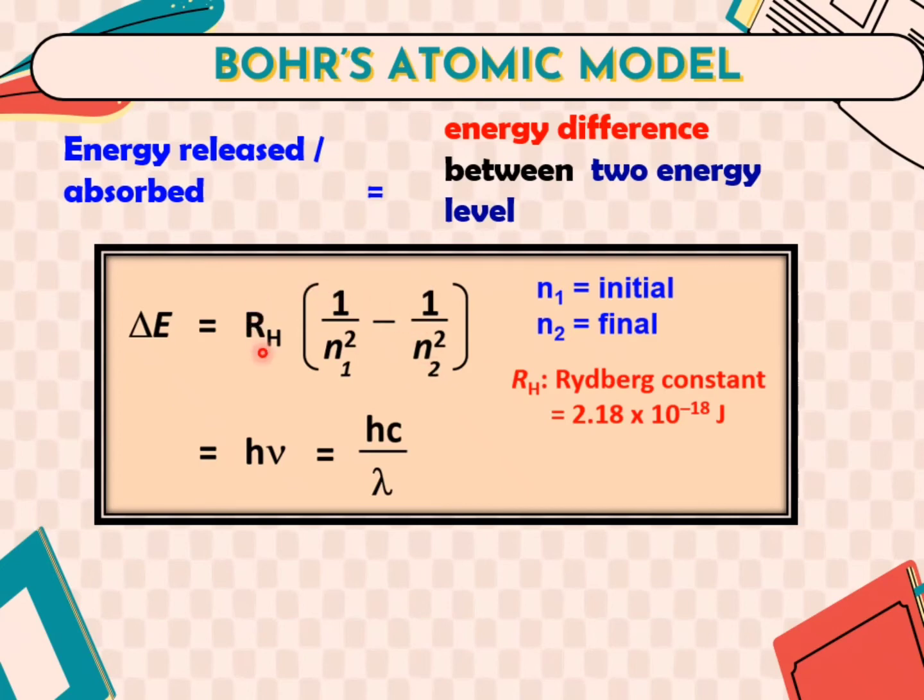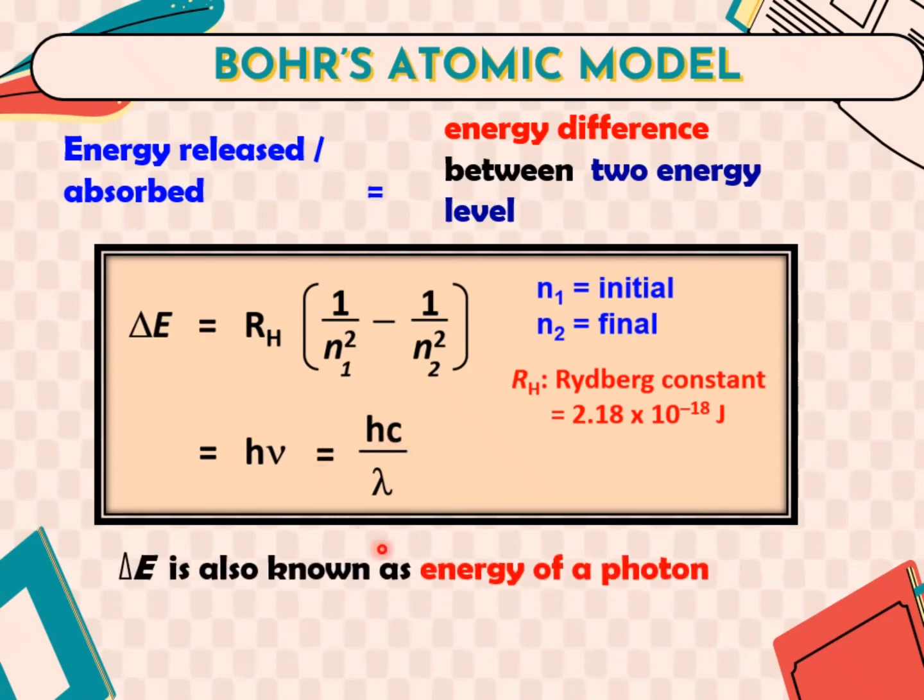Okay, so actually we have another formula here. Delta E also can be calculated by H times nu. What is H? After this I will explain to you. Or Hc over lambda. So we know that nu and lambda we can relate with speed of light, which is c.